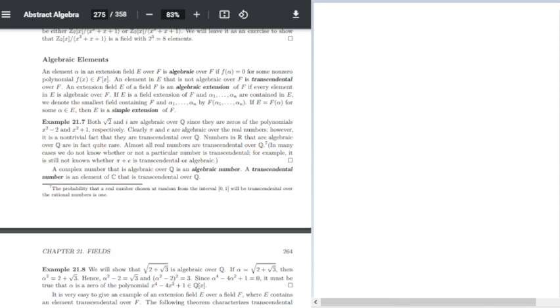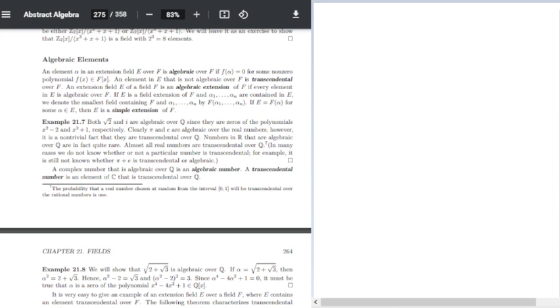An element in E that is not algebraic over F is transcendental over F. An extension field E of a field F is an algebraic extension of F if every element in E is algebraic over F. If E is a field extension of F and A1 to AN are contained in E, we denote the smallest field containing F and A1 to AN by F of A1 all the way to AN. If E equals F of A for some A in E, then E is a simple extension of F. Okay, so there's a bunch of terminology and I'll probably be flashing back to this a bunch while we're reading this.